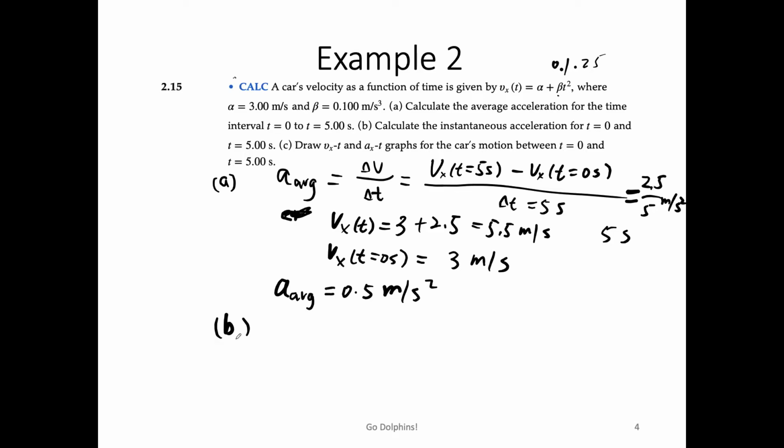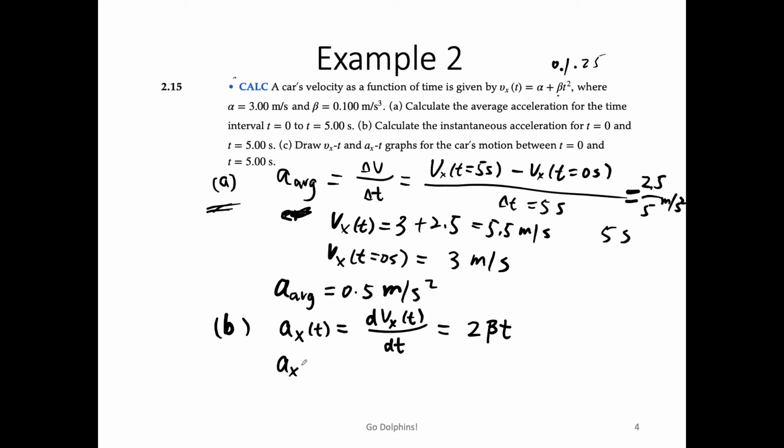Now calculate the instantaneous acceleration. If you want to find the instantaneous acceleration, it is a different approach compared to part A. We can find a_x as a function of t by taking one derivative of v as a function of t, and it should give us 2 beta t.